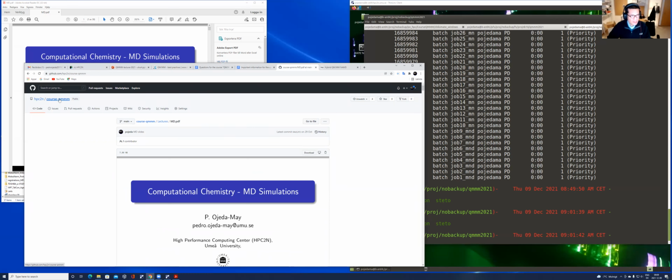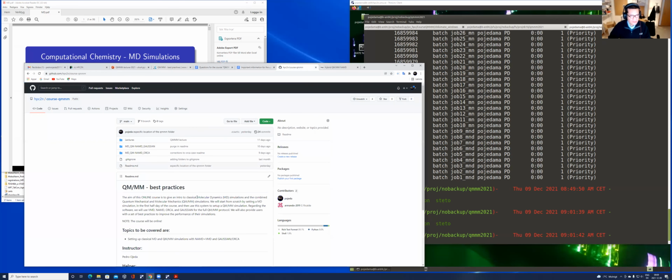In the GitHub repository, you will see two setups, one which says Orca and the other Gaussian. They start with the basic MD simulation, and then we add a QM/MM layer.